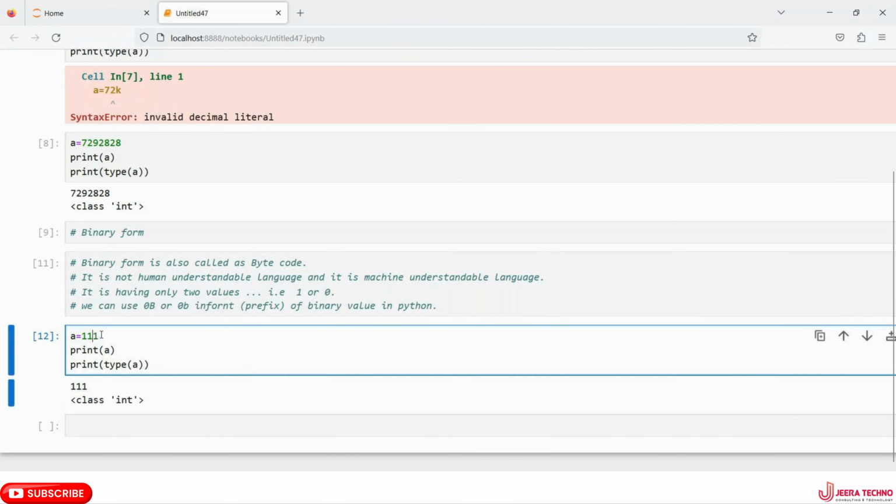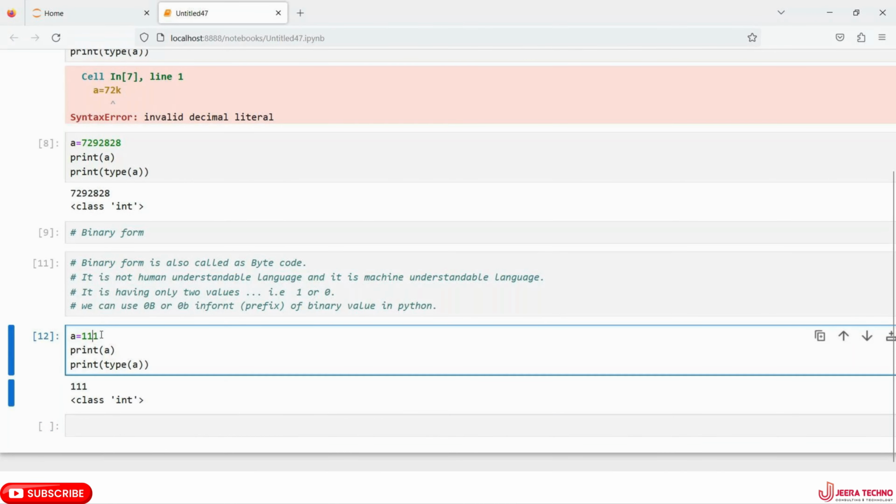Suppose you take the value 1, 1, 1, with positions starting from 0, then 1 and 2, like an array index.